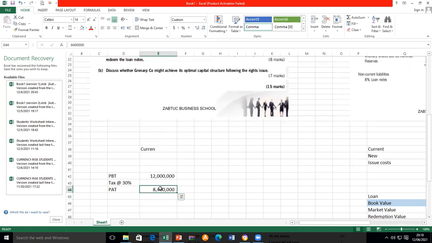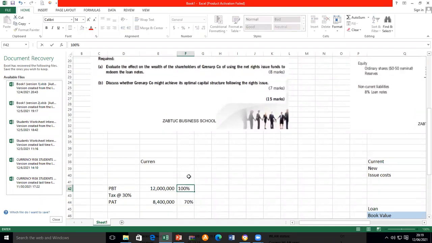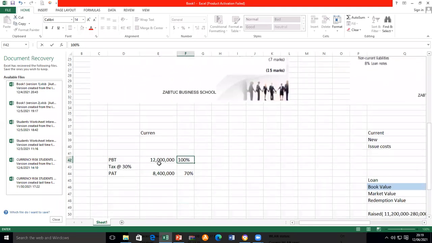This figure was after removing 30%, so this figure was 70%. So what was 100%? We do cross multiplication, and we find that the figure was that amount there.